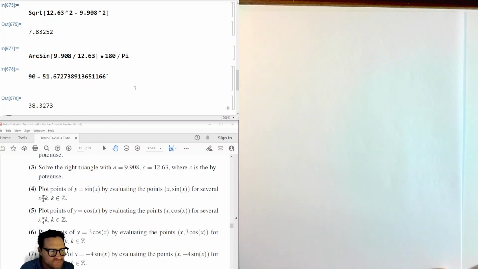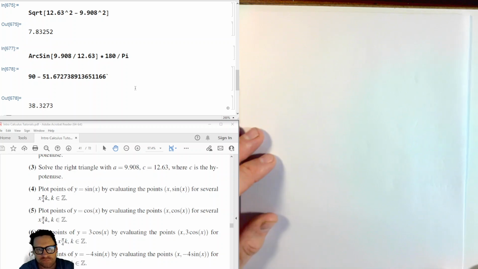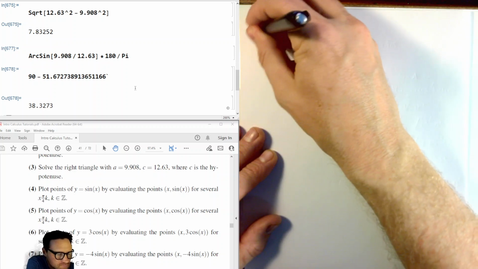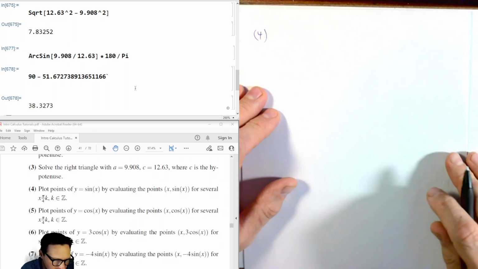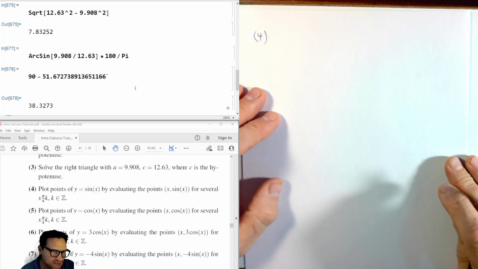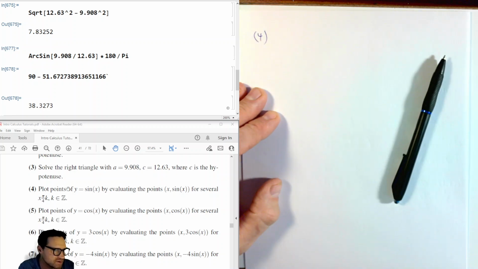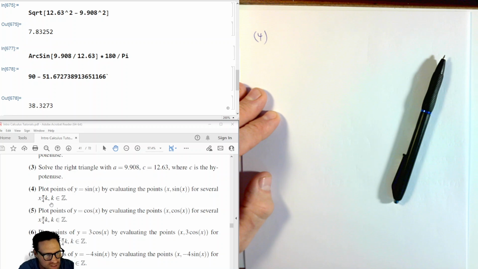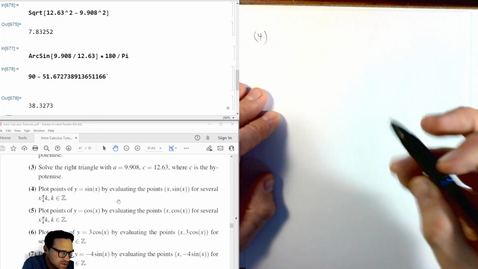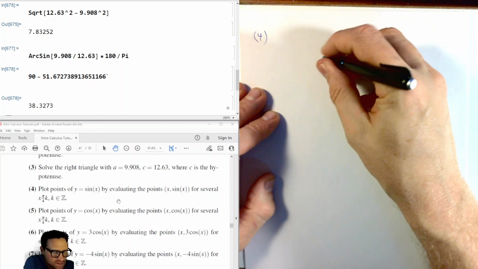Plot points of sine of x by evaluating points x, sine of x for several x. Now that should read over here x equals pi on 4 times k, where k is an element of the set of integers. Okay, so I'll rewrite this question.